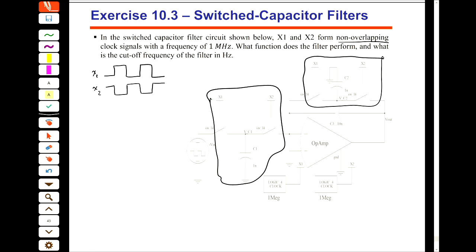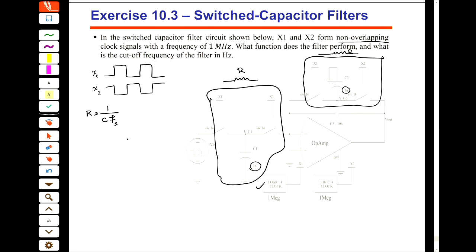So what's the circuit equivalent for this? It's a resistor. So we can say that this is a resistor, this is a resistor, and the values of C1 and C2 are equal, so the values for the resistors are also equal. And then R is equal to 1 over C F, and F is the frequency of the clock, or F of S, F of sampling.